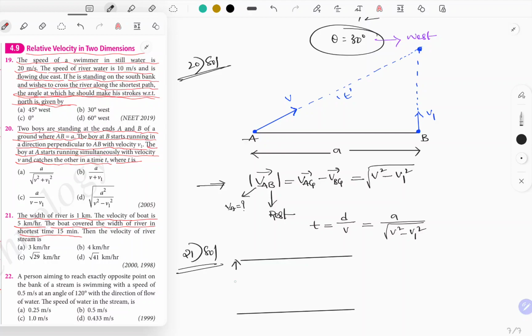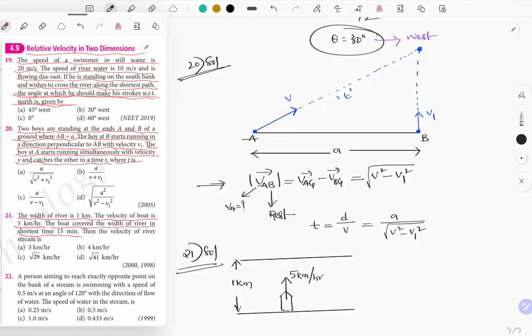So width of the river is how much? 1 kilometer. To cross the river in shortest time, the boat must be moving towards north only. So what is the velocity with which it is moving? 5 km per hour.